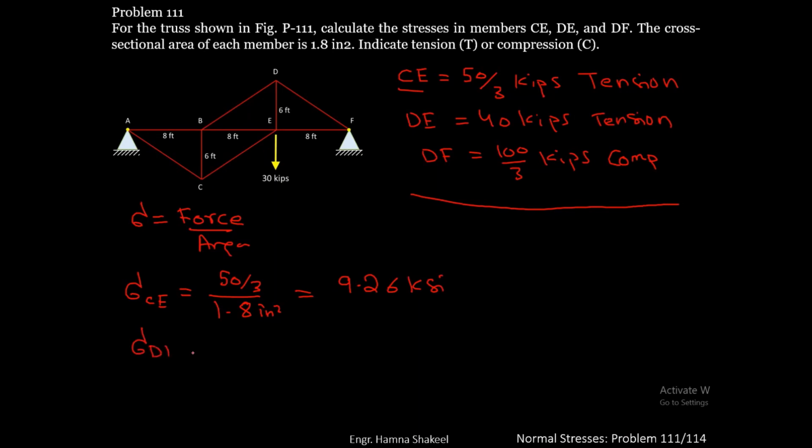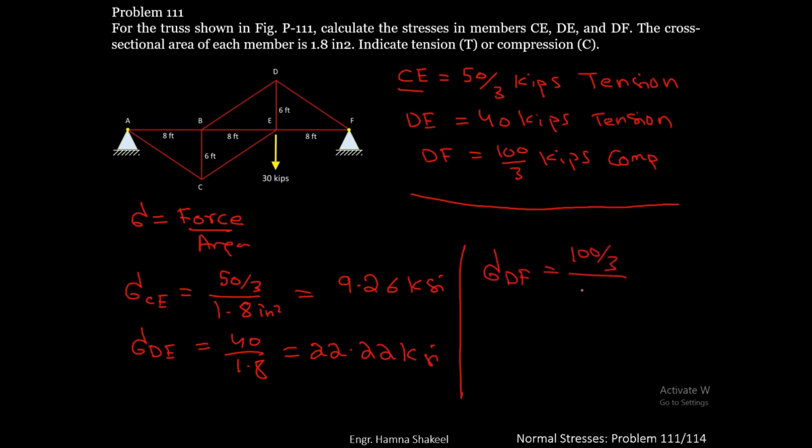Stress in DE is equal to 40 by 1.8, which is equal to 22.22 KSI. And stress in DF is equal to 100 by 3 force divided by 1.8, which is equal to 18.52 KSI.